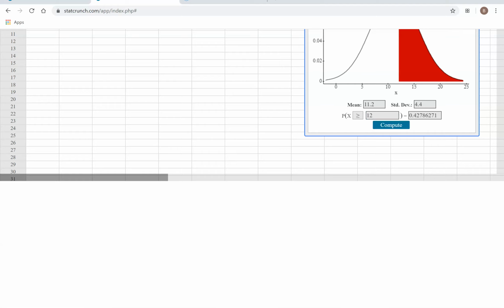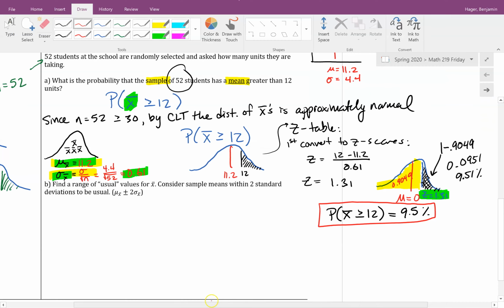And that does not look like what I got. So let me double check my numbers here. Hold on a second. Oh yeah, the population standard deviation was 4.4. For my distribution of sample means, it was 0.61. So I got to fix that, right? Because I'm supposed to be using these numbers, the mean of my sample means and the standard deviation of my sample means. So 0.61 is what it should be.